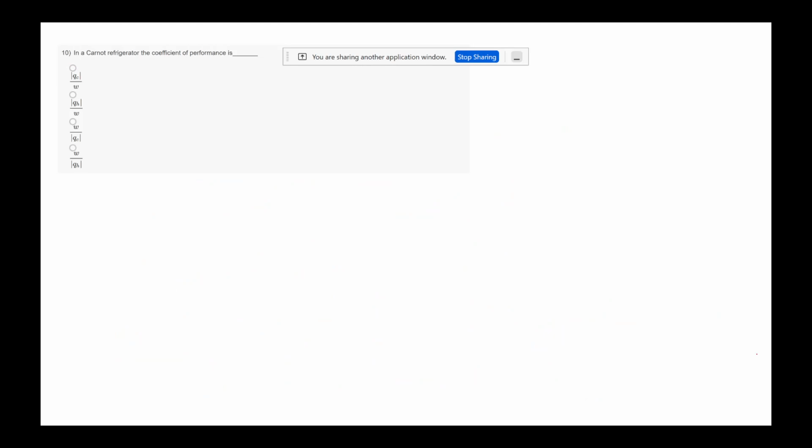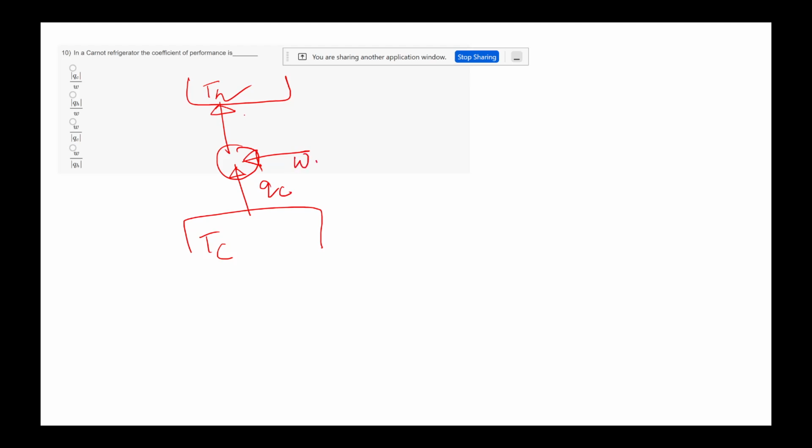This problem says in a Carnot refrigerator the coefficient of performance is asked. This is a definition. So what is this Carnot refrigerator? This is T hot, this is TC, so there will be some amount of heat that we need, let's say QC, and we need work to send the Q hot.